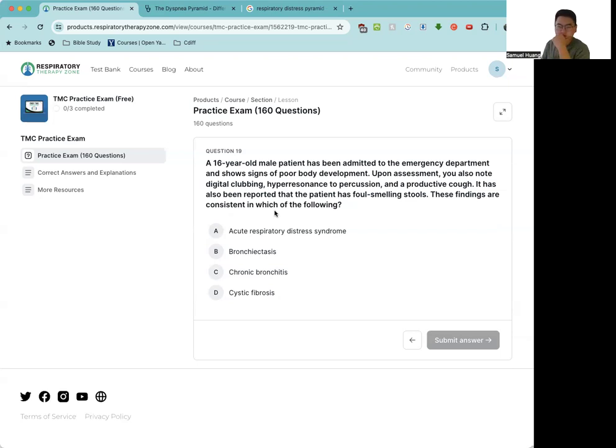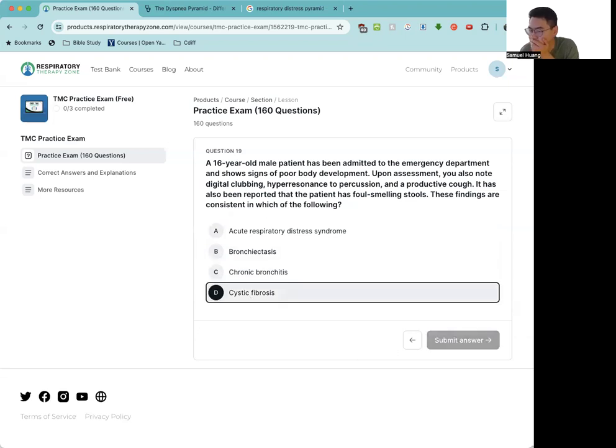So you don't have enough pancreatic digestive enzymes. So yeah, cystic fibrosis, foul smelling stools, digital clubbing, which is an indicator of chronic hypoxemia.